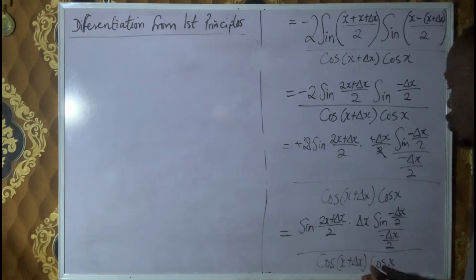The next thing I want to do is move to the next step that says divide through by delta x.